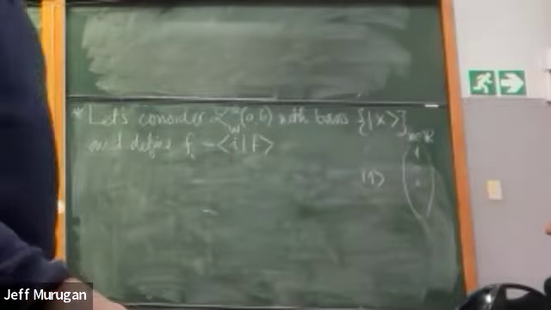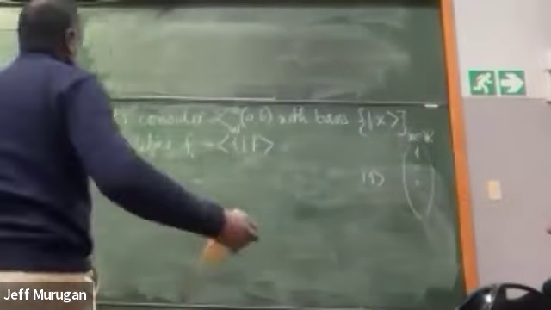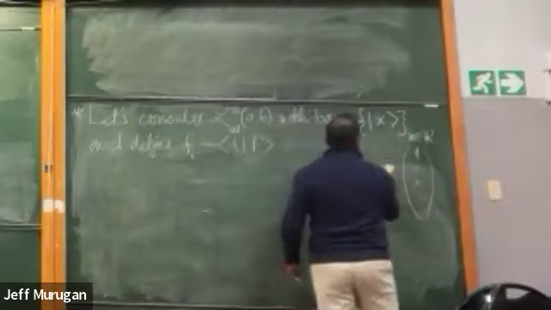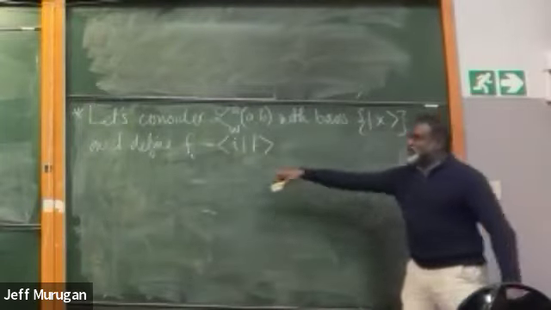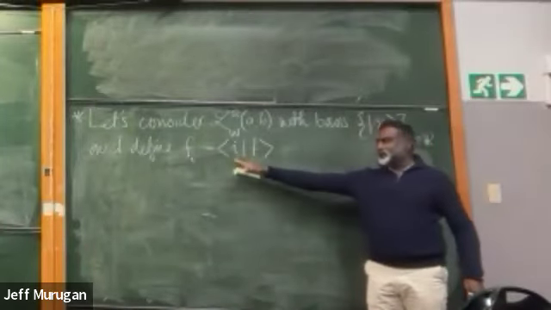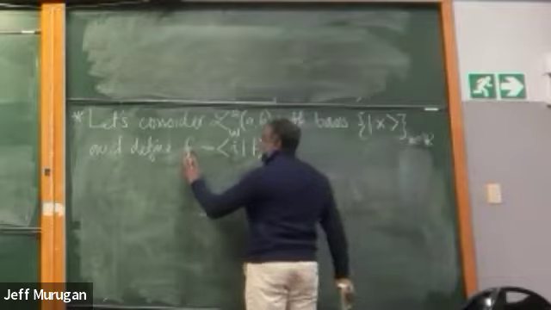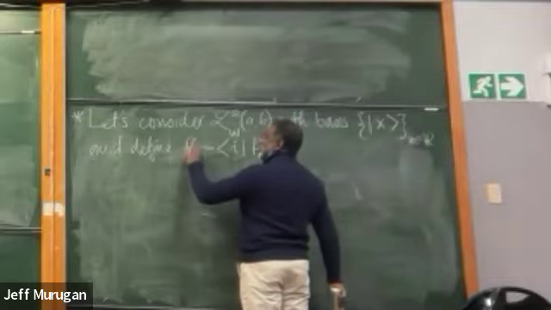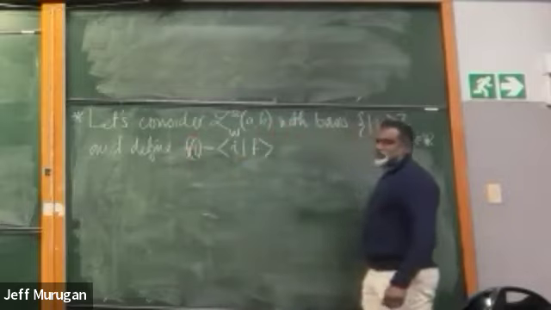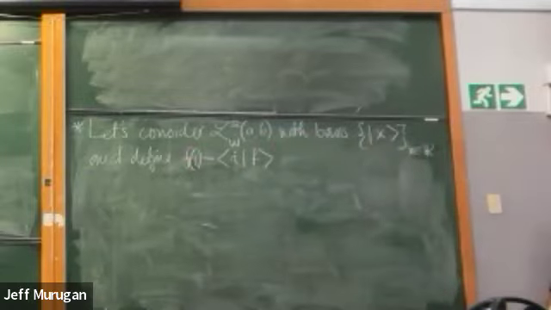So this is how I would extract the i-th component of the vector f, by taking its inner product with the i-th basis vector. Now, instead of saying f subscript i, there's nothing stopping me from having a function which I evaluate which has support only on the natural numbers.